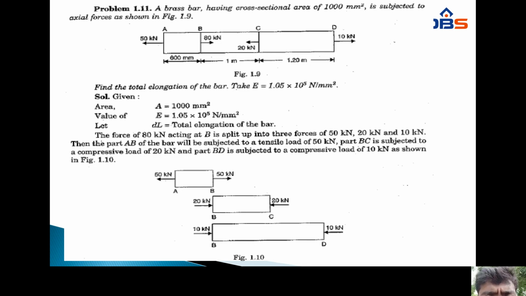AB portion has 50 kilonewton tensile forces at both ends, BC portion has 20 kilonewton compressive forces, and CD portion has 10 kilonewton compressive forces.